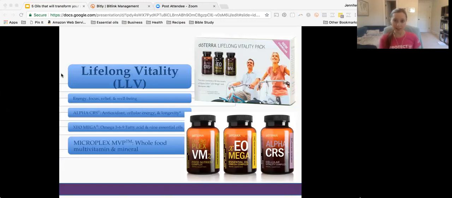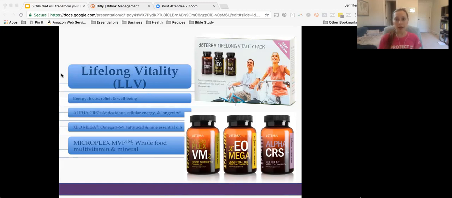And to be honest, most of us aren't eating super clean and eating 12 servings of vegetables every single day, right? So we really need to support our body at a foundational level with the vitamins, minerals, phytonutrients and fatty acids that it needs to thrive.